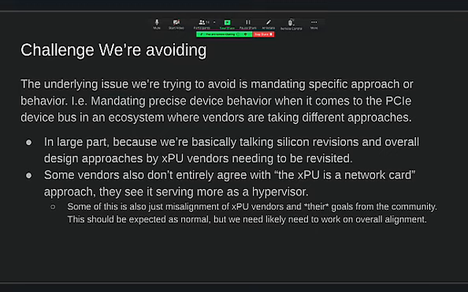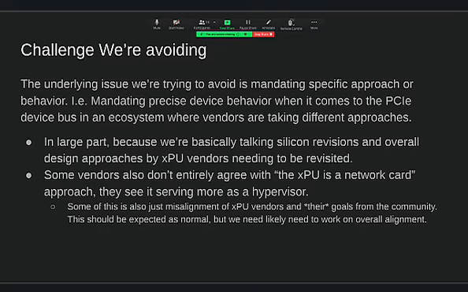Because at the end of the day, we're going to have to tell these vendors, you're going to have to make silicon revisions. You're going to have to change your firmware. You're going to have to go back to engineering your product. And in a number of these cases, they're already shipping the product. They may have to change their entire design or approach, which means we might be pushing them back by years at worst.